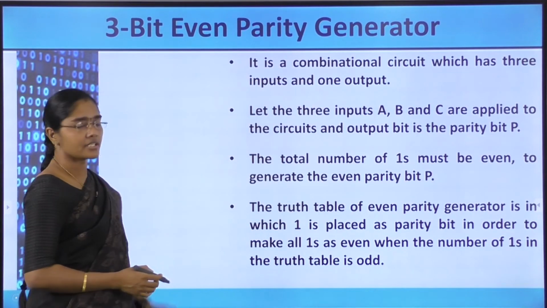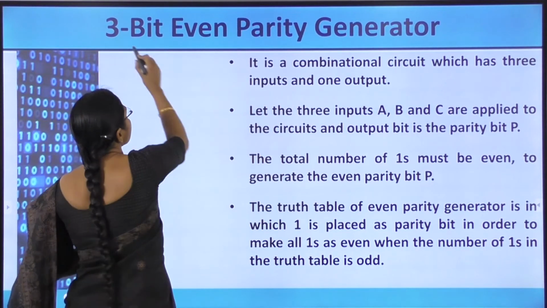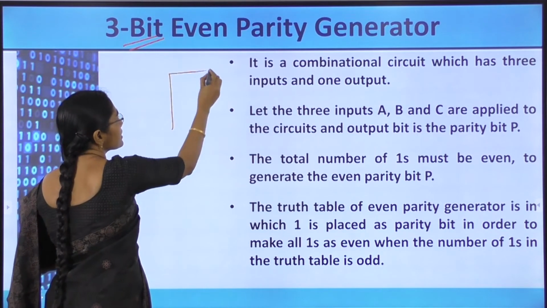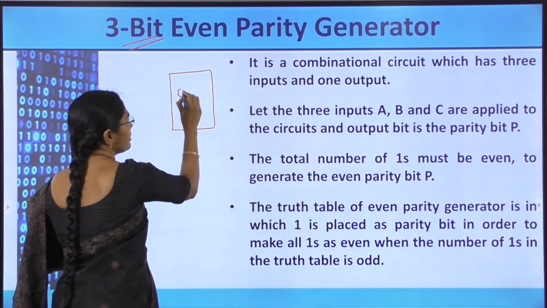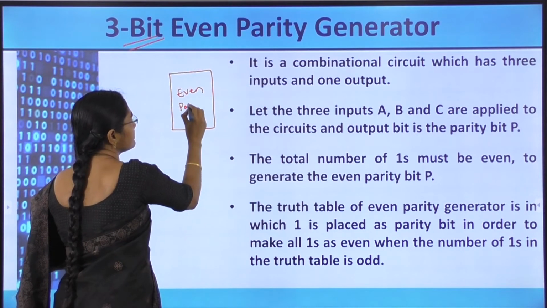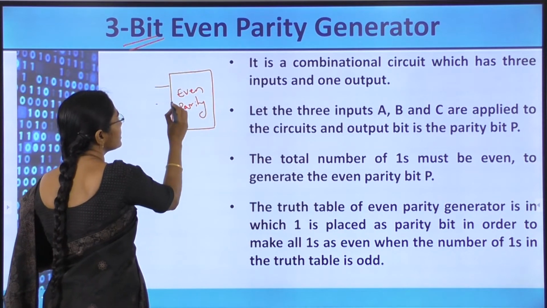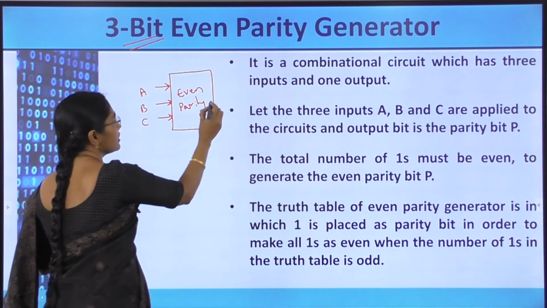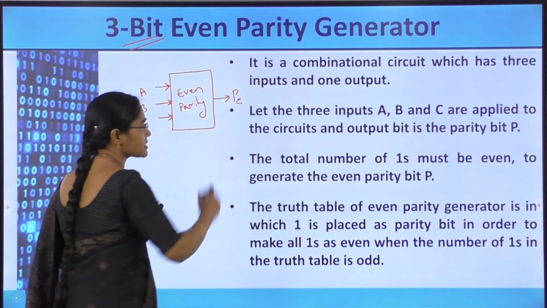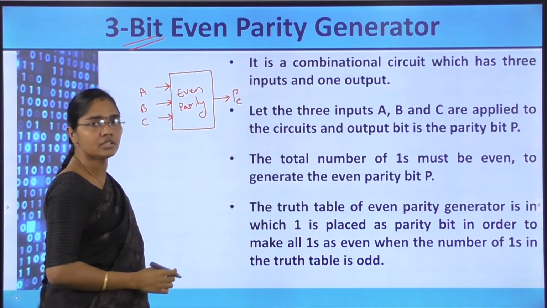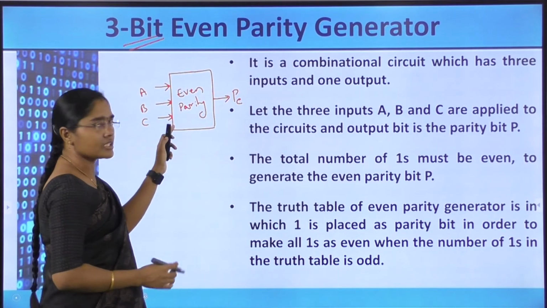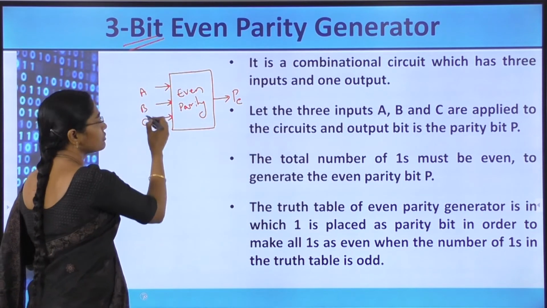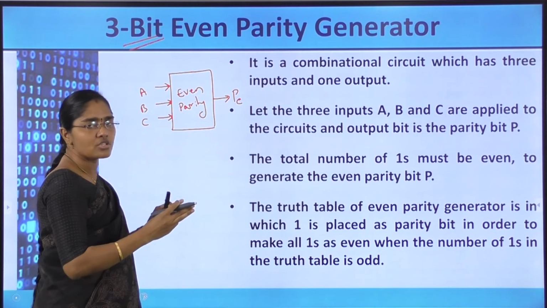See the design of a 3-bit even parity generator. So the 3-bit even parity generator is an even parity generator with 3 inputs. Let us consider the inputs as A, B, C and the output as the parity bit, PE, to represent even parity. Since 3 inputs are there, it checks those 3 bits.